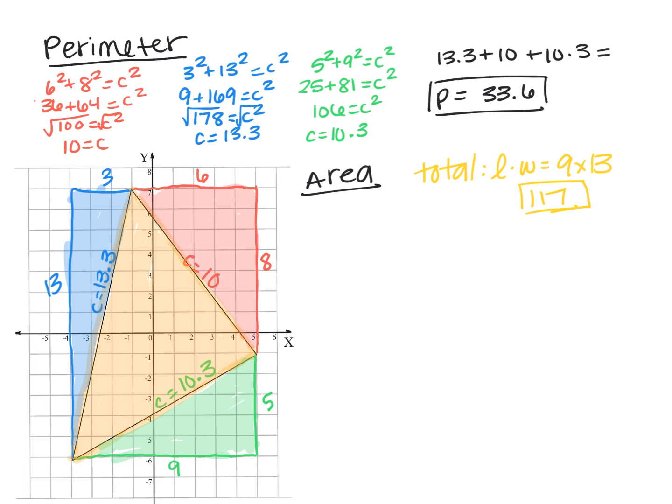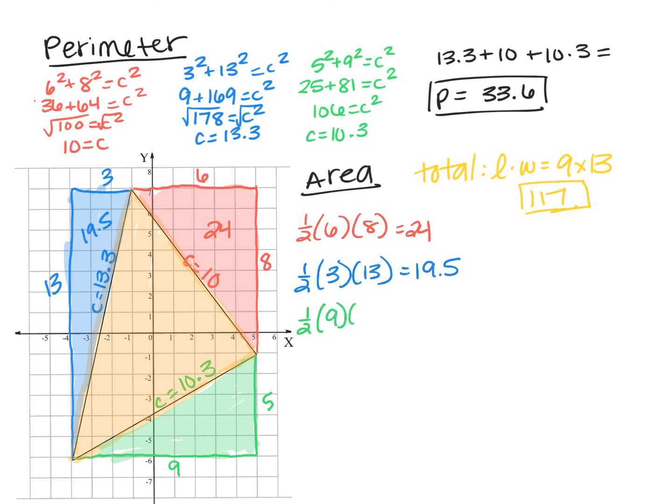So starting with the red, 1/2 times 6 times 8. 6 times 8 is 48. 1/2 of that is 24. And then the blue is 1/2 of 3 times 13, which is 19.5. And lastly, the green is 1/2 of 9 times 5.